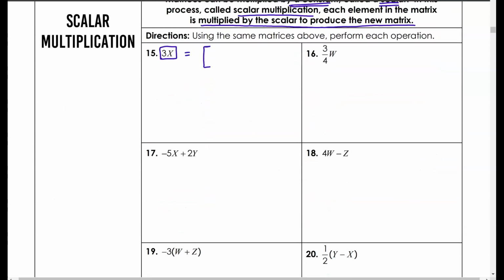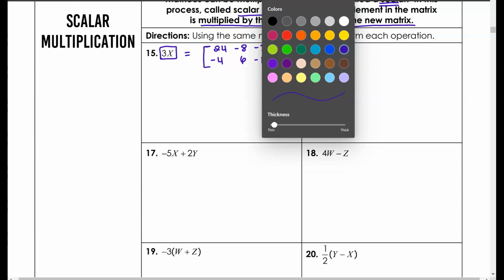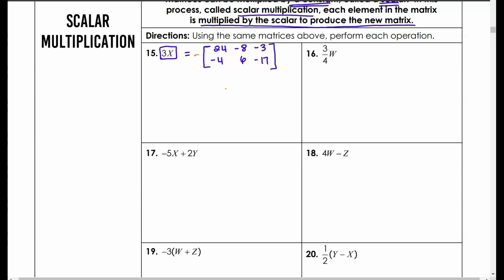Let me go ahead and write down that matrix. The X matrix is going to be 24, negative 4, negative 8, 6, 3, negative 17. Now if I'm going to multiply this by a scalar of 3, I'm taking each individual element and multiplying it by 3.